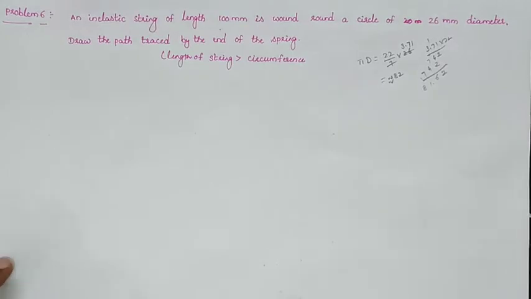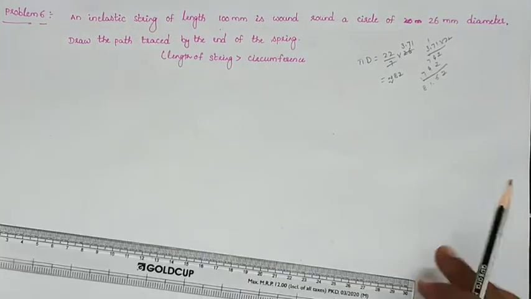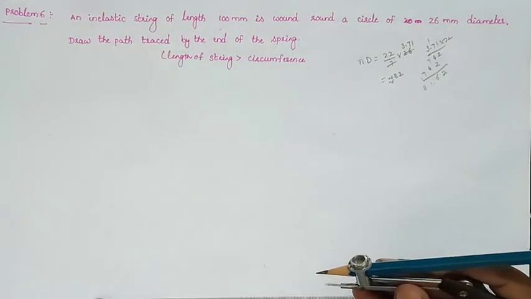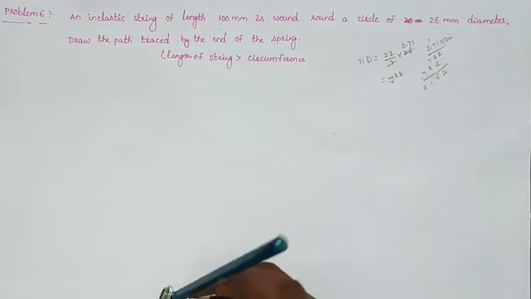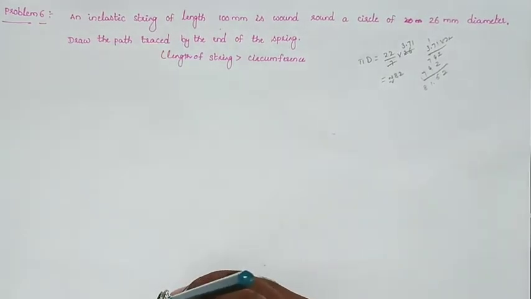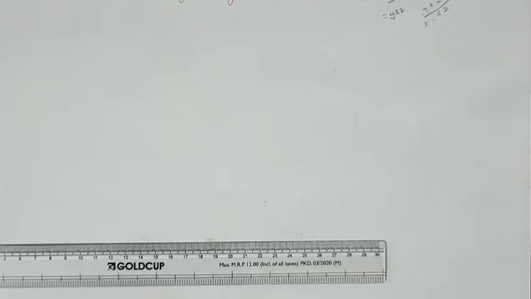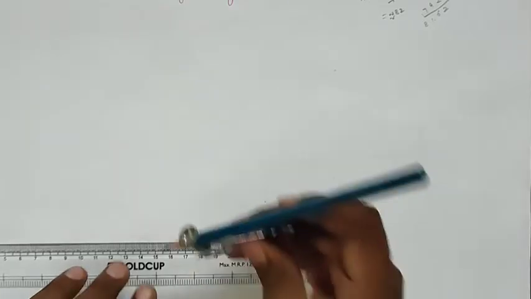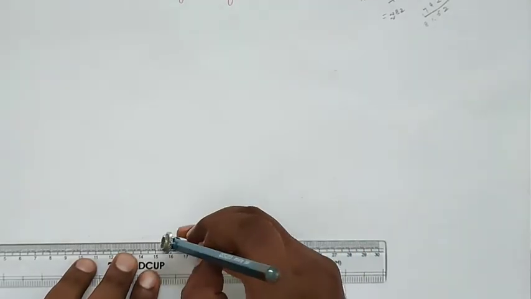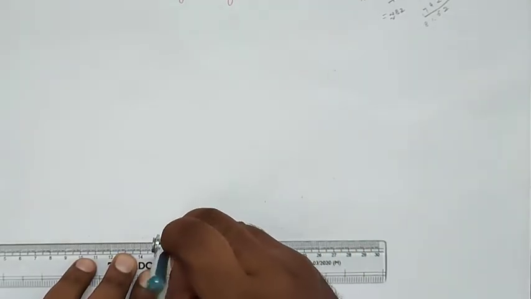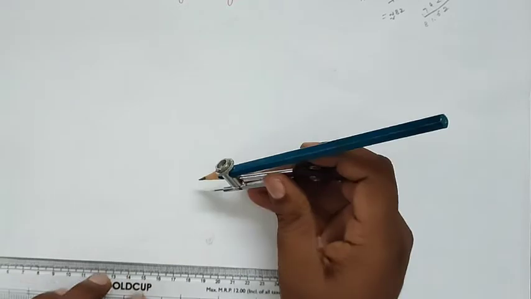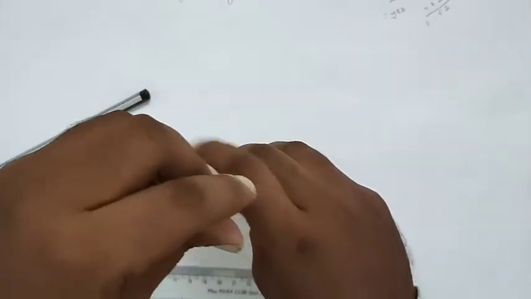First of all, with the diameter 26 mm, we will construct a circle. So diameter 26, we can take 13 mm radius and draw a circle.